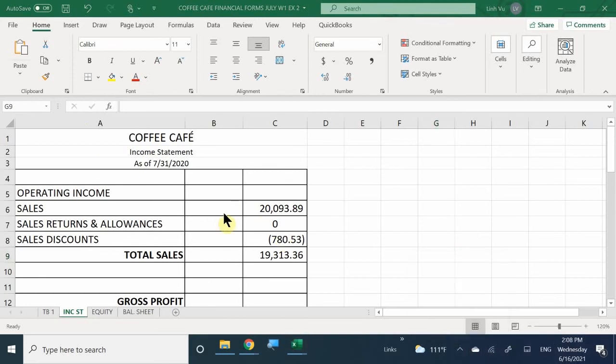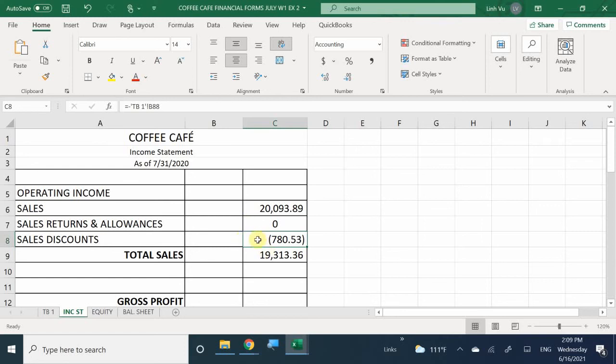I can't get mine to cell reference the negative for sales discount. How are you referencing it? Equals, and then going back to the balance sheet.